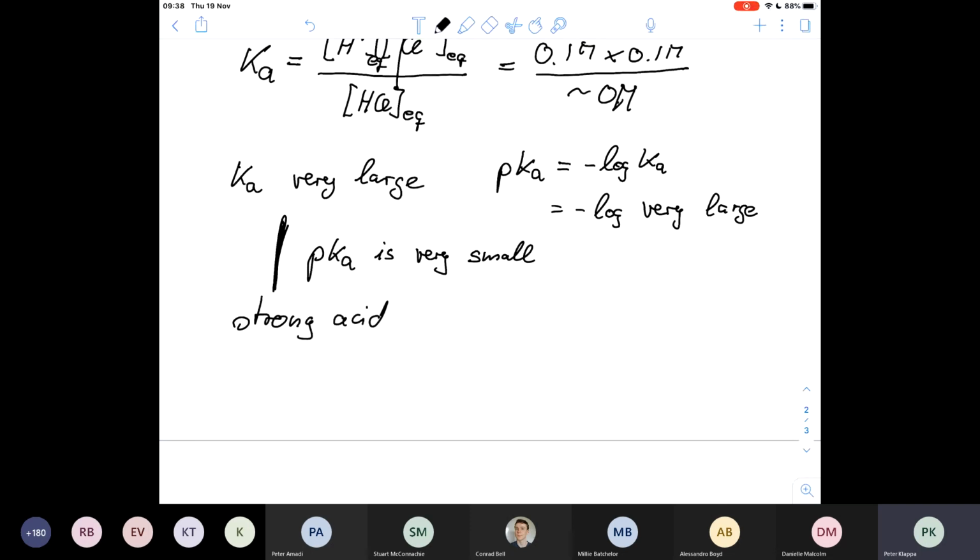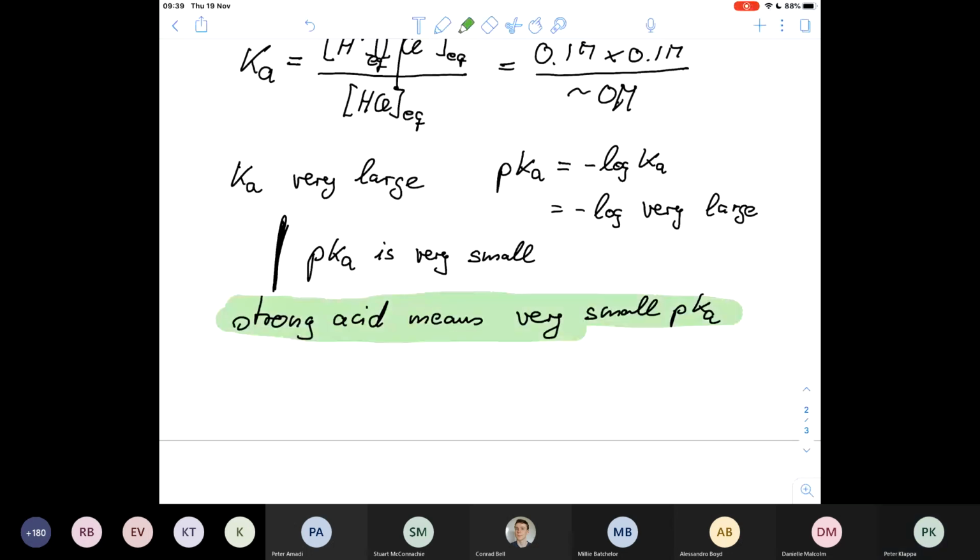Strong acid means a very small pKa. Let me highlight that. So this is what we got. Does that make sense?